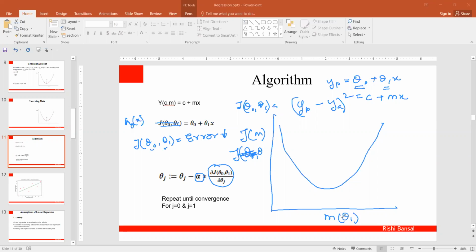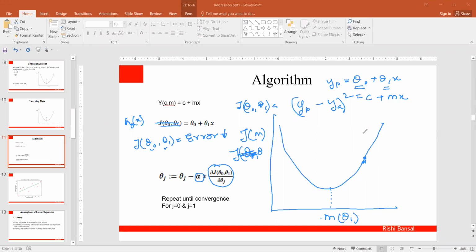So when you do this for m, or theta 1, you are at a particular point. When you take the partial derivative, it tells you how much the error changes with a very small change in m.